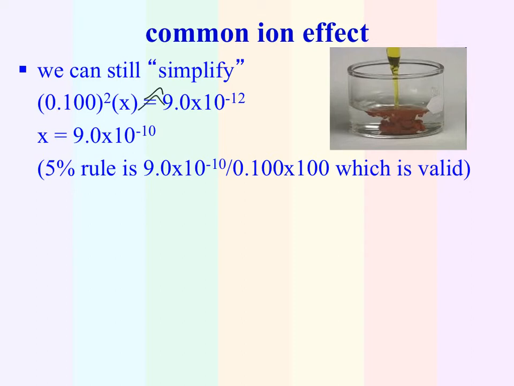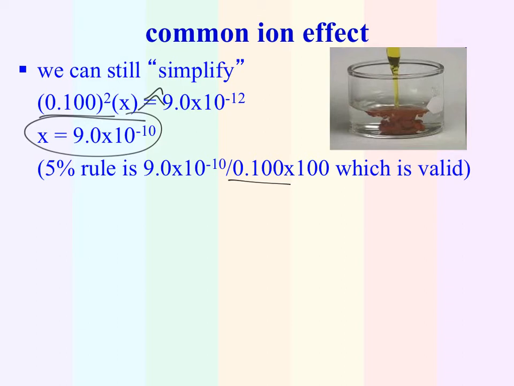If we take our squared component and divide it out, we'll get x all by itself, and we get 9 times 10 to the negative 10 as our x value. As usual, we take this x value and compare it to our concentration value that we were given. The 5% rule applies, so this assumption is acceptable.